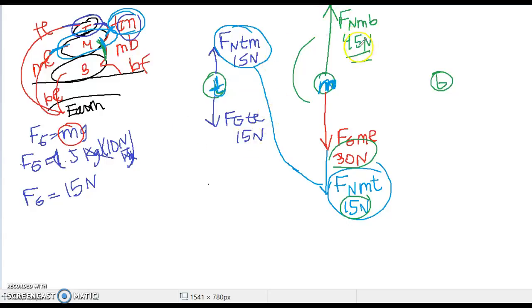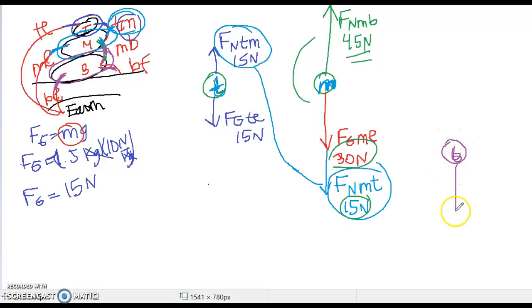Okay, now let's look at the bottom rock. All right, so let's enclose the bottom rock. And we see again, he has 3 interactions. He has the earth, the floor, and the middle rock. Okay, and let me erase this and move it down a little bit. So we're running out of space here. Okay, all right, so I gotta move this down. So the bottom rock now is gonna have 3 interactions.